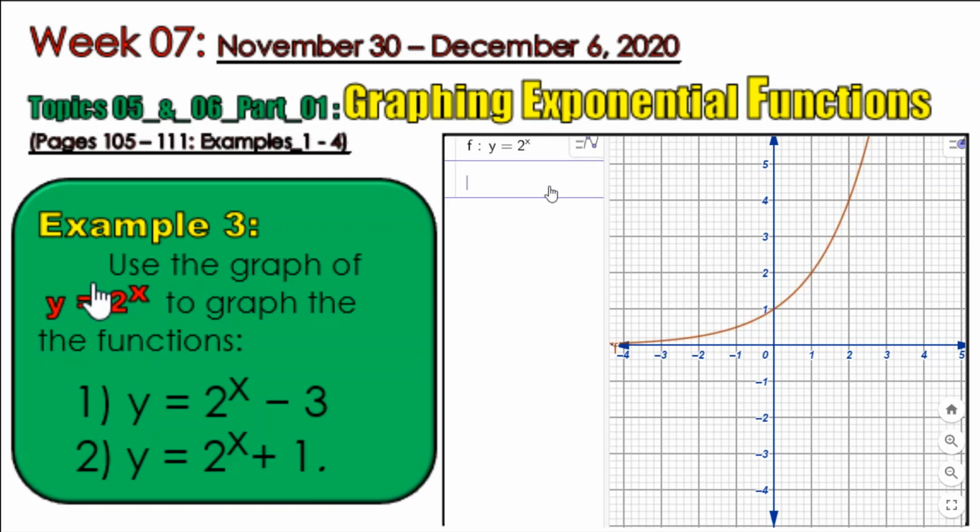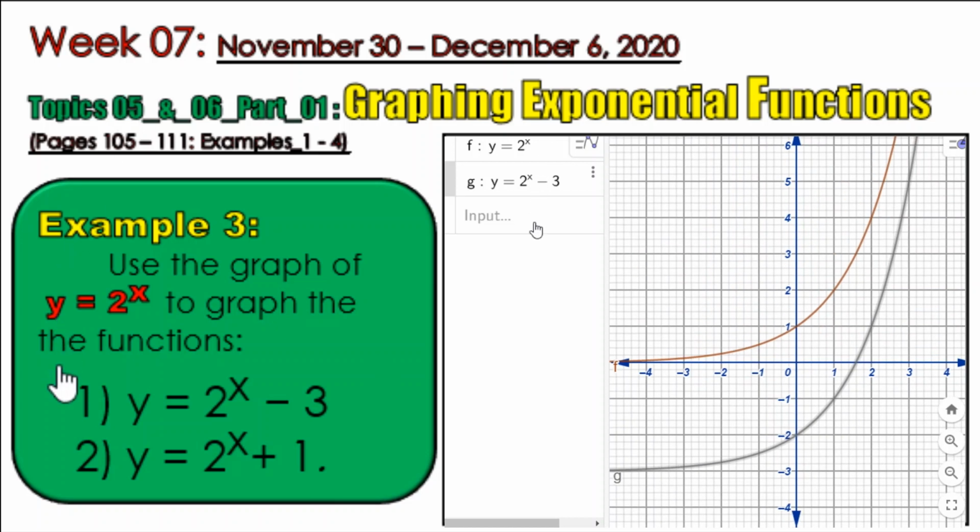Now let's sketch the graph of the function y is equal to 2 raised to x minus 3. Okay, so this is the graph of that function. And we have also the function y is equal to 2 raised to x plus 1. Okay, so we have these three graphs.